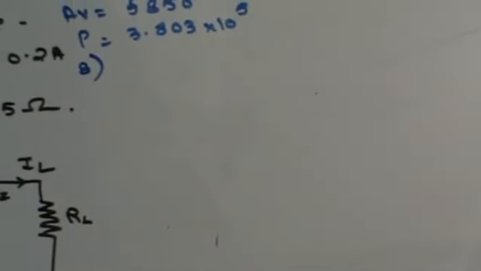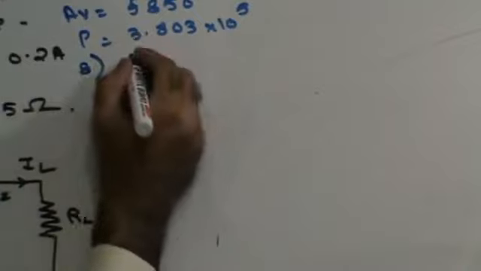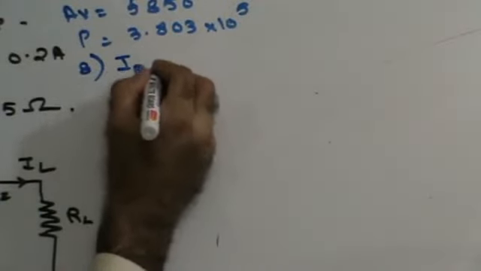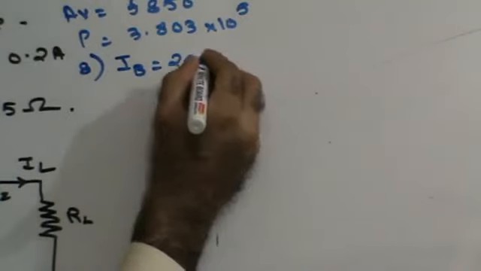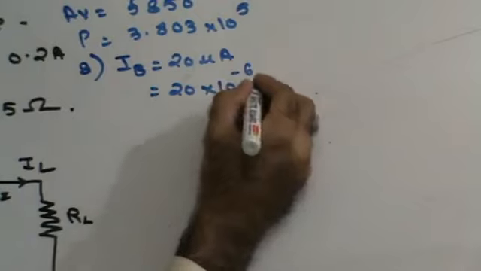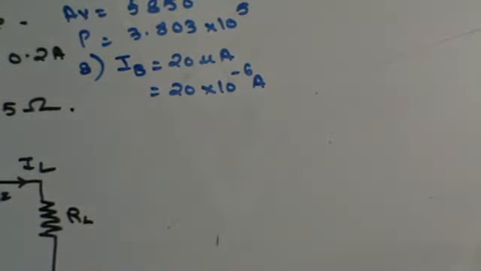In a silicon transistor, the base current changes by 20 microamps.